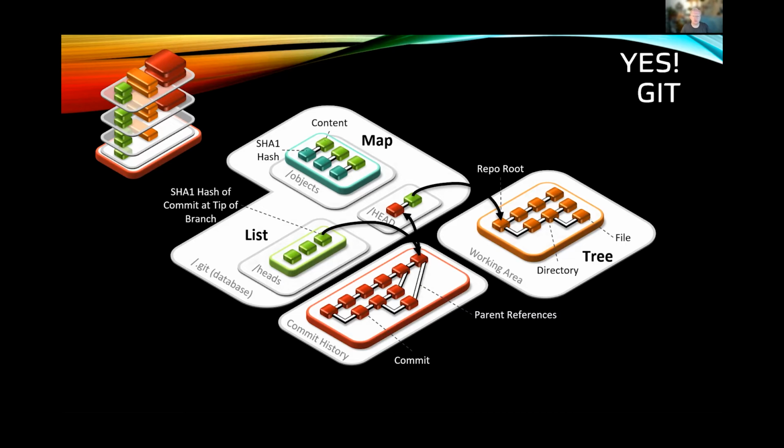So for those that are using Git, if you ever want to venture into that .git folder and poke around a bit, you might find this picture quite valuable to just try to make a bit of sense of it. So this is what, if I made an attempt at drawing a Git repository, this is what I would imagine it looks like.